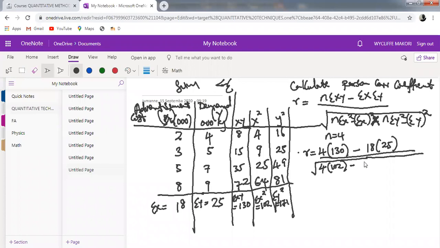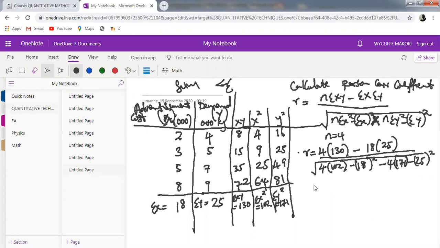So we put 18 into bracket squared, then we minus n, which is 4, times the summation of y squared. The summation of y squared is 171 minus the summation of y into bracket squared. It is the summation of y, which we have as 25, then we put into bracket squared.